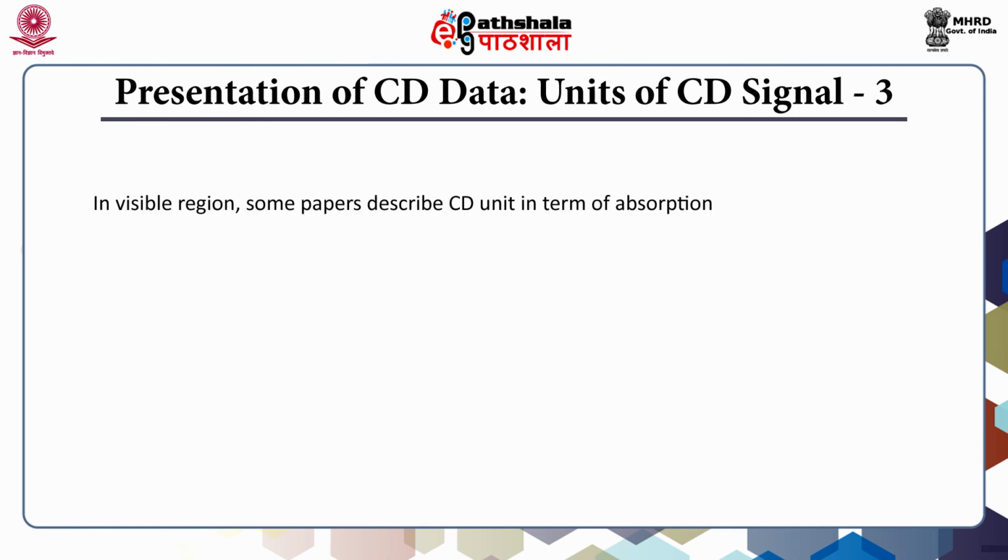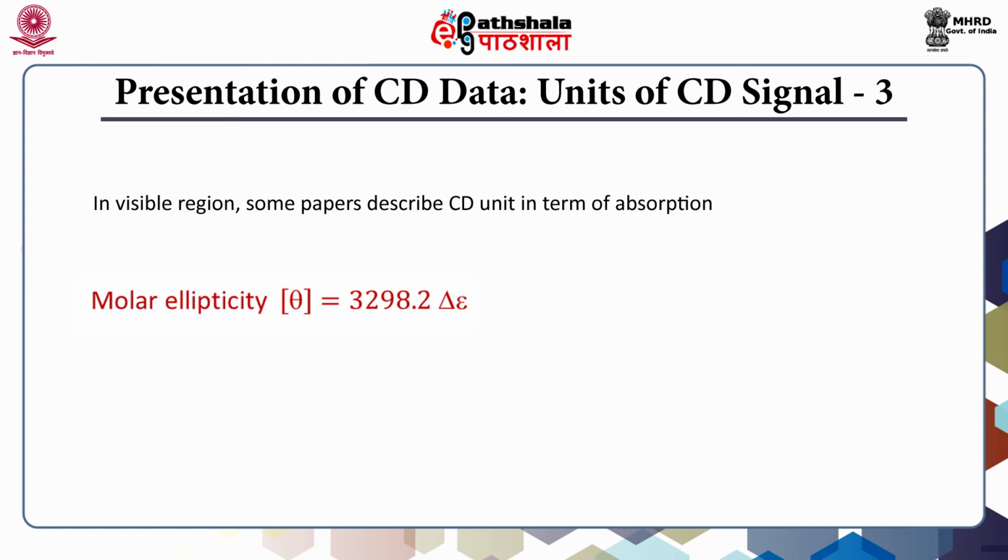In the visible region, some papers describe CD units in terms of absorption, and earlier I also talked about the relation between the ellipticity and the differential extinction coefficient of LCPL and RCPL. Delta epsilon is the difference in the extinction coefficient of left-handed circularly polarized light and right-handed circularly polarized light.